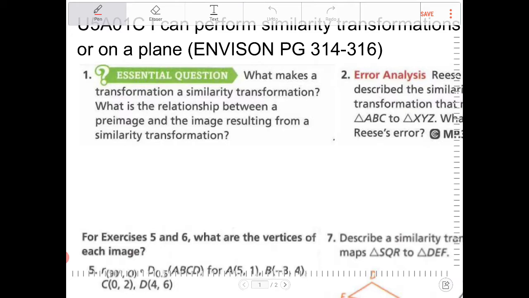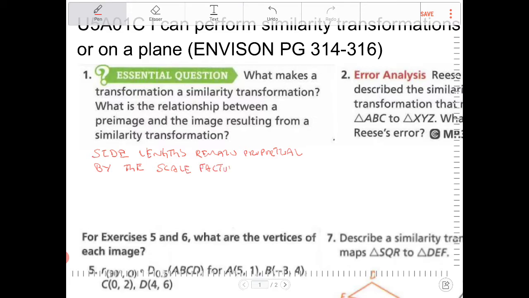What makes a transformation a similarity transformation is that all the different side lengths remain proportional, and all the angles remain the same. Side lengths remain proportional by the scale factor.